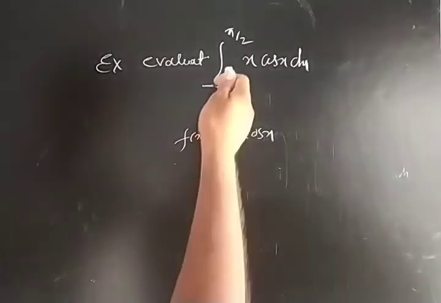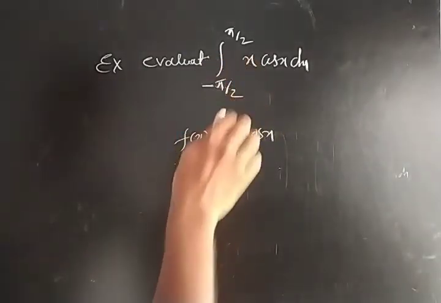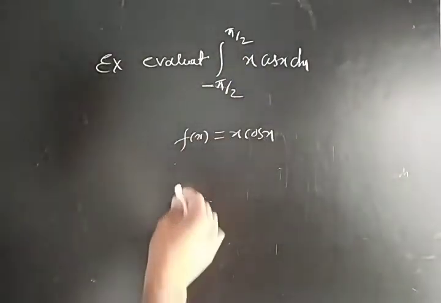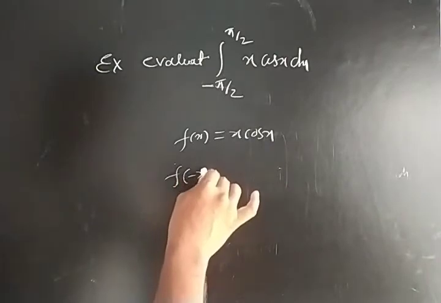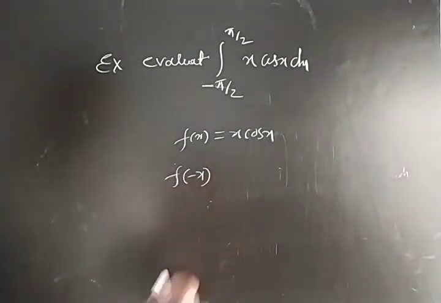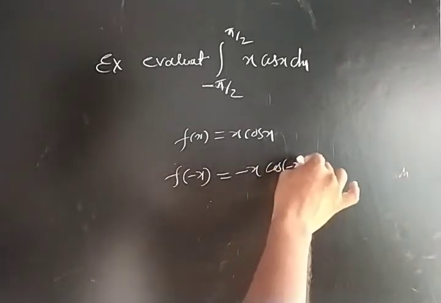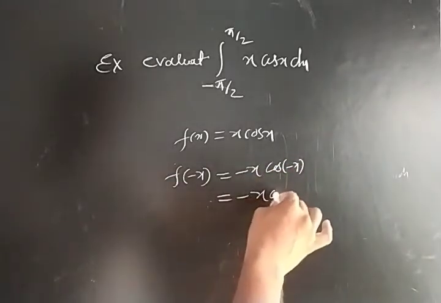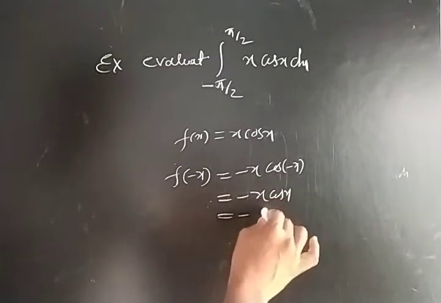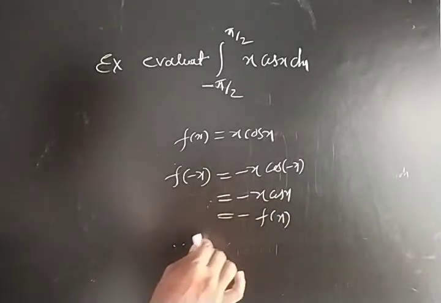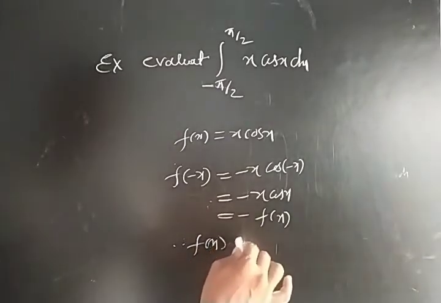If it is even, in place of the negative limit you can write 0 to pi by 2. So I am going to check whether this function is even or not. In place of x, I am substituting minus x. Here minus x cos minus x, you will get minus x cos x, which is minus f of x. So f of minus x equal to minus f of x means you can conclude that f of x is an odd function.